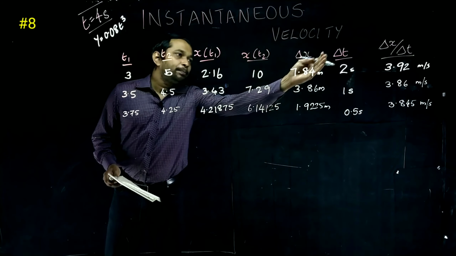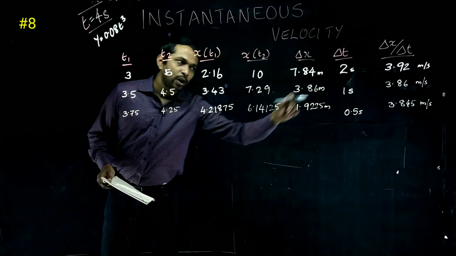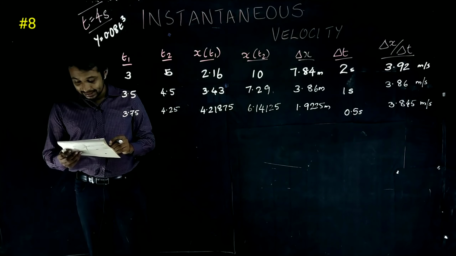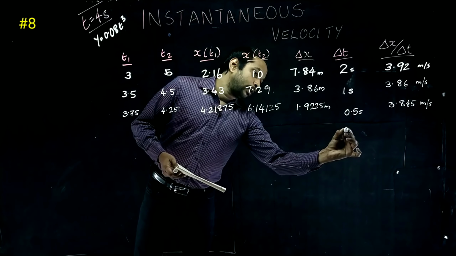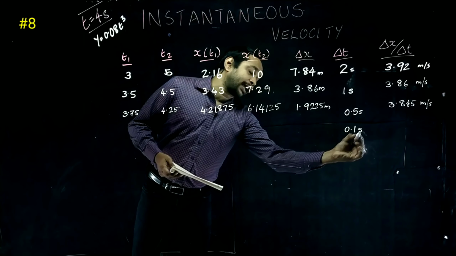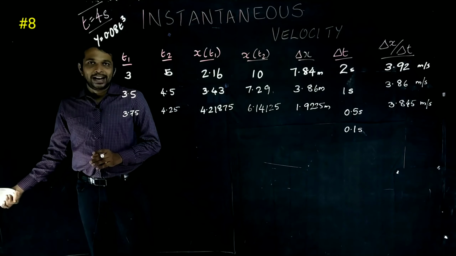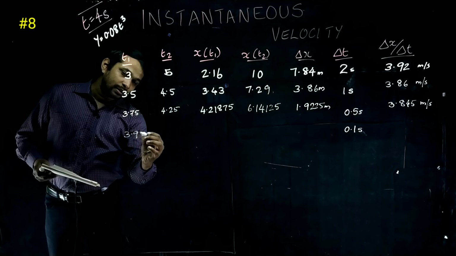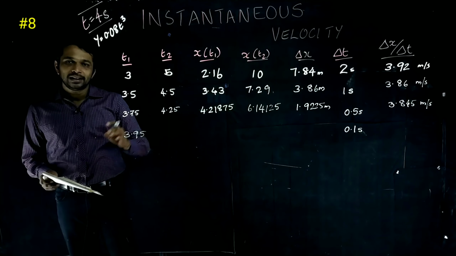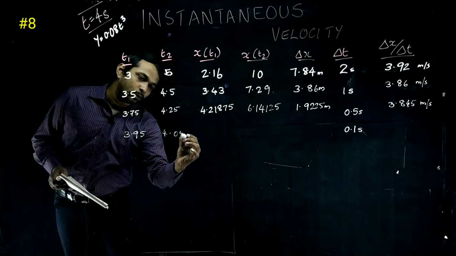The time period was 2 seconds, narrowed down to 1 second, again narrowed down to 0.5 seconds, and we are again narrowing it down. We are taking it to 0.1 second, which means 0.05 second to the left of 4 seconds, which will give you 3.95 here, and 0.05 second to the other side, which will give you 4.05.